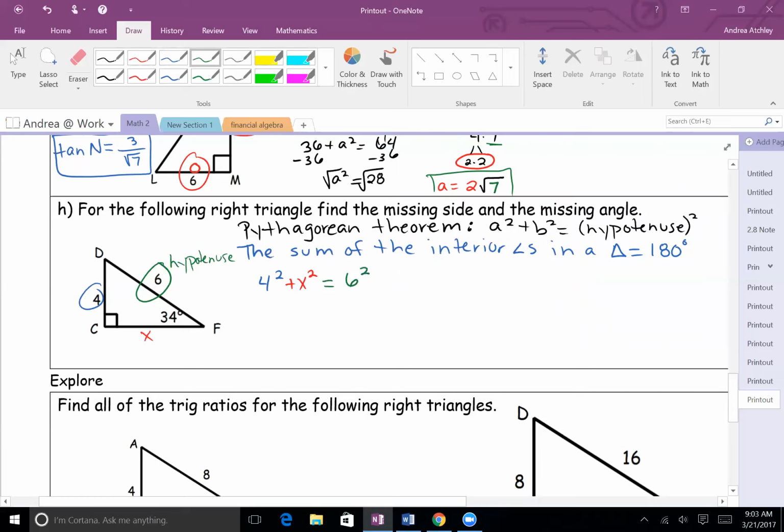So I'm going to get 16 plus x squared equals 36. I'm going to subtract the 16. I'm going to get x squared equals 20. Then I'm going to square root both sides. I'm going to get x equals, let's factor 20. Okay, please write that as a radical.